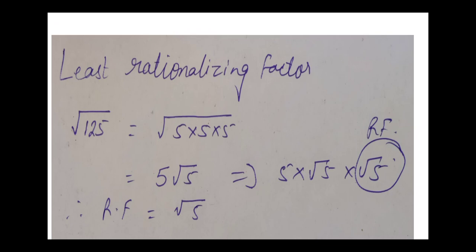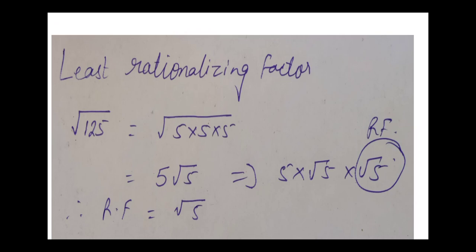But to find the least rationalizing factor, and we have to always find the least rationalizing factor, we will never do like this, saying root 125's rationalizing factor will be root 125. No, this is wrong. We have to always work for the least one.